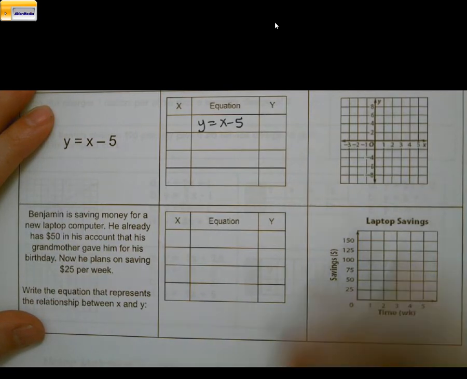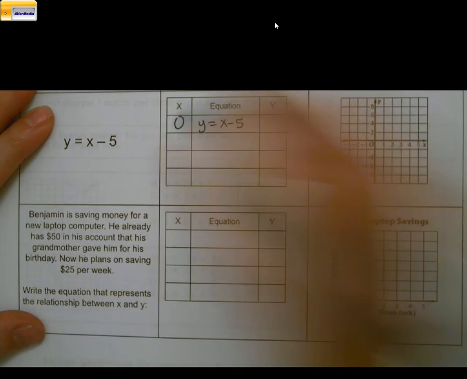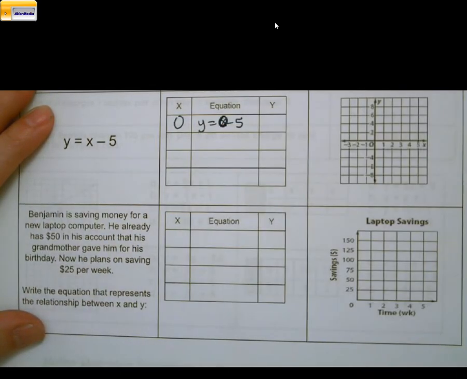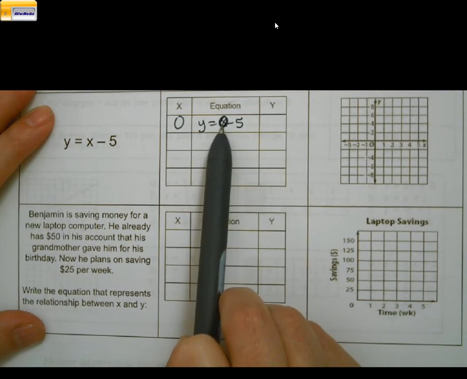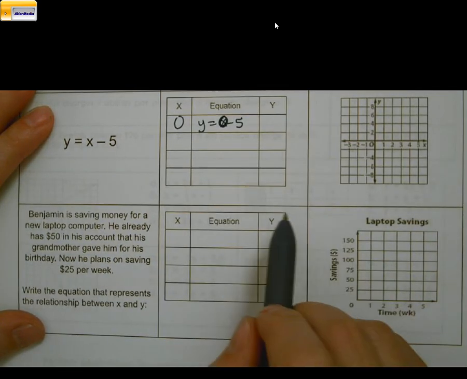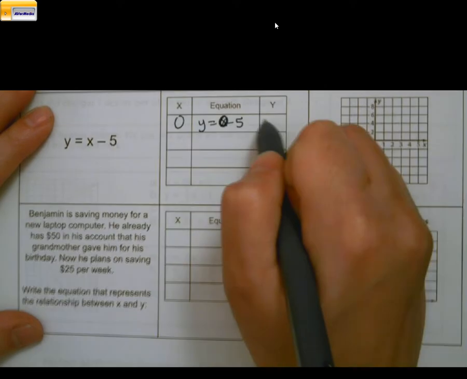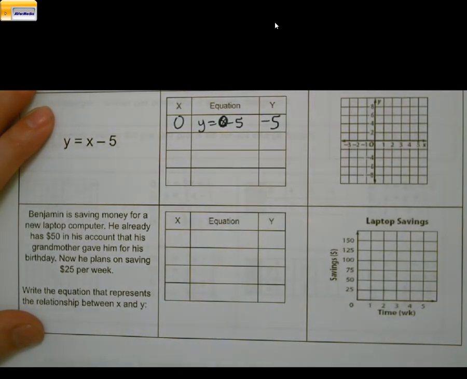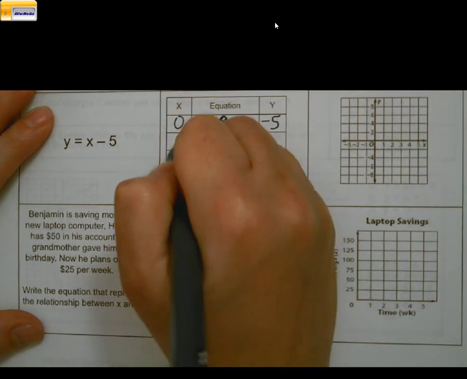So let's say x is 0. For x here, I'm going to replace that with 0. So 0 minus 5 is negative 5. So my y is going to be equal to negative 5. Now maybe let's plug in 1.